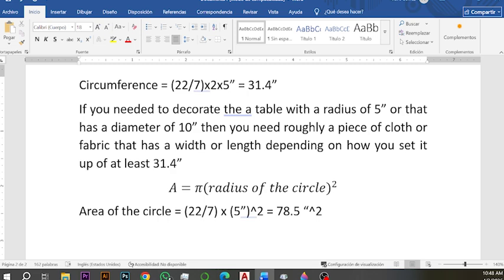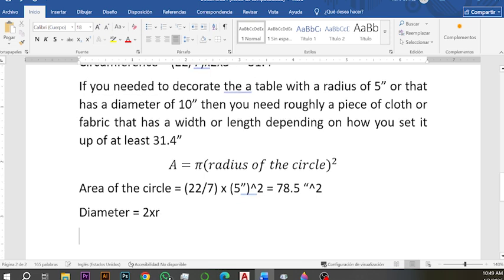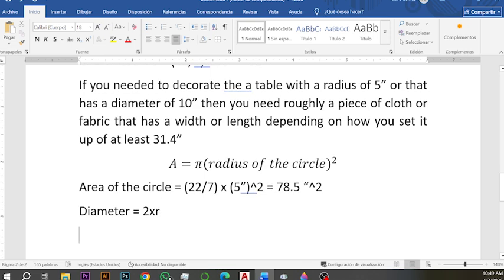So let's say you were given, instead of the radius, the diameter. Since we know that the diameter is equal to 2 times the radius, and we need the radius in order to calculate the area, you would say radius is equal to diameter divided by 2.